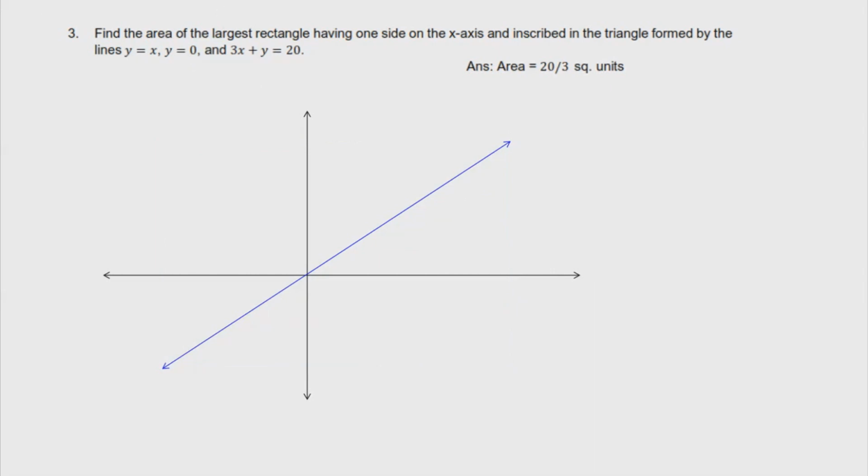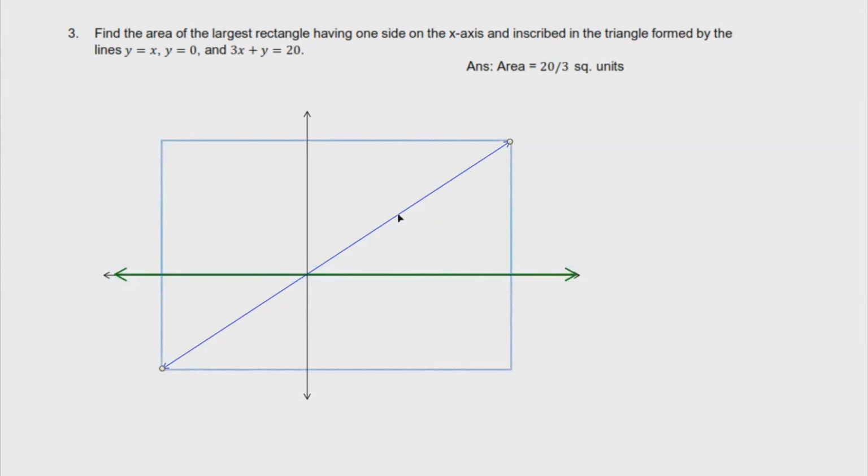For y equals 0, that is certainly the x-axis. Let me just use green for this. So that's x equals 0. Okay, let me just thicken our lines so you can see them clearly. Okay, better. So we have those two lines.